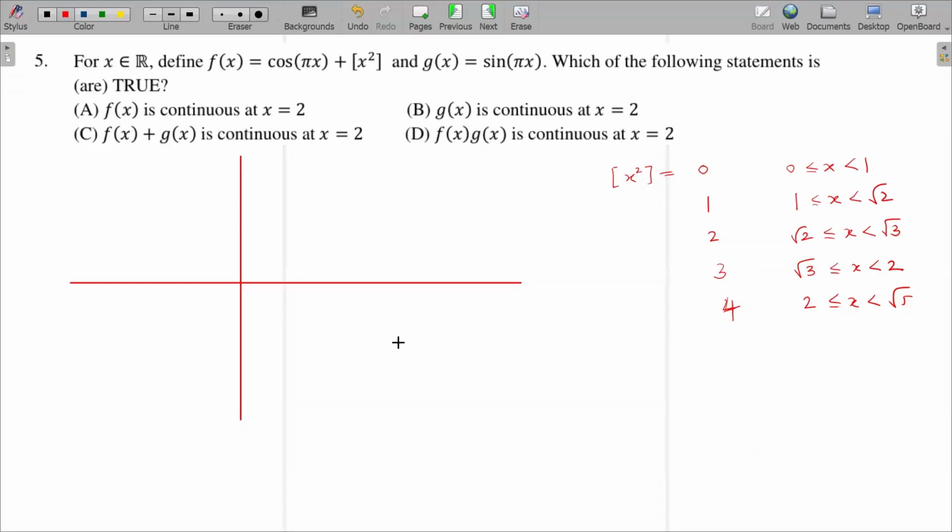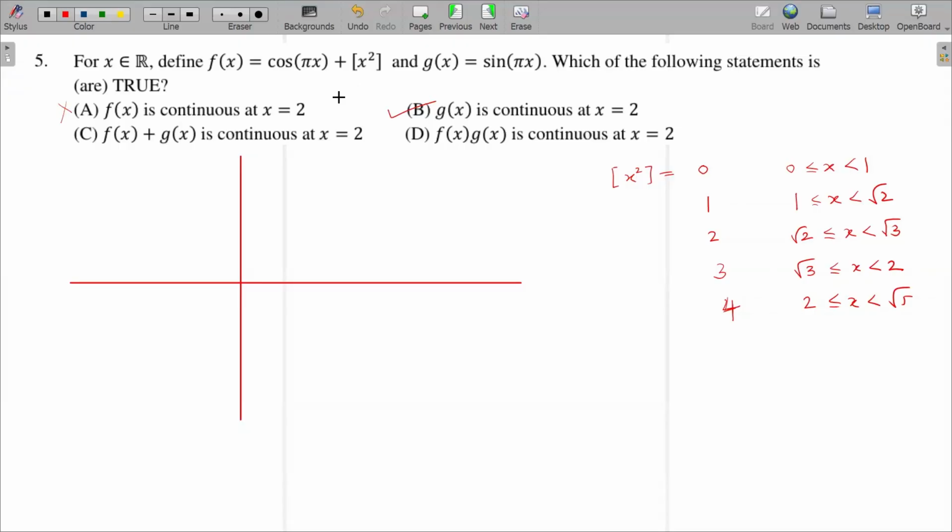So g of x is continuous, fine. This is unfortunately not becoming continuous, right? Because at 2 the behavior is different on the left side and right side for floor of x square.